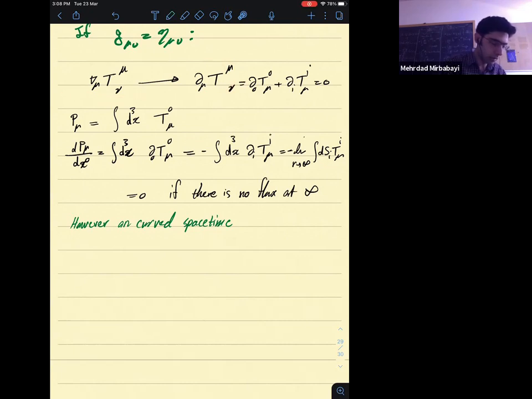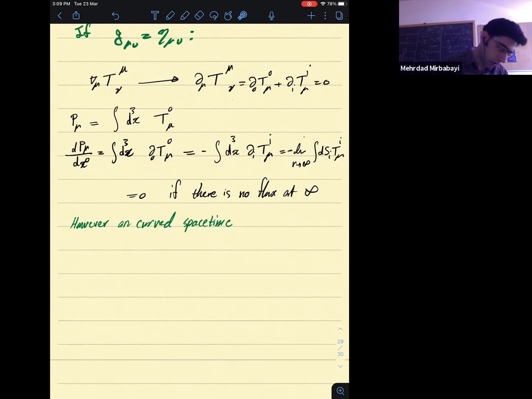We have a covariantly conserved T mu nu, but that does not mean that there is any quantity which is ordinarily conserved. And without having an ordinary conserved quantity, we could not follow these steps. So here it was very important that we have an ordinary derivative, not a covariant derivative.